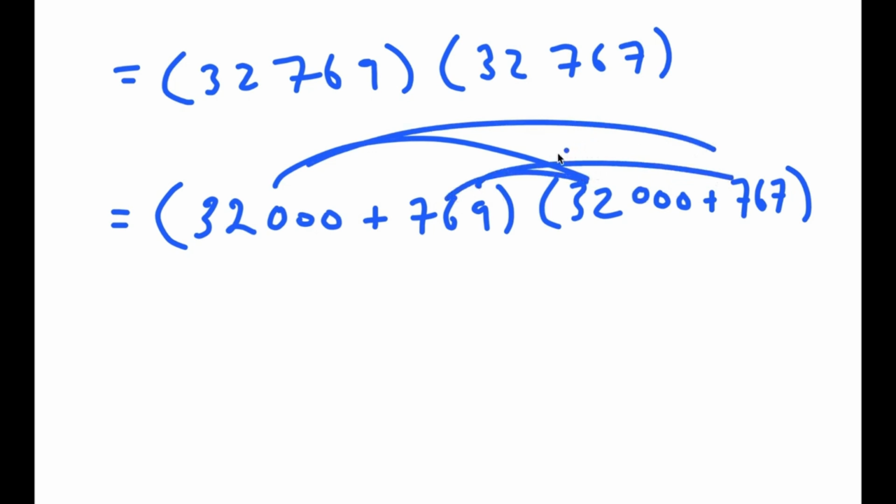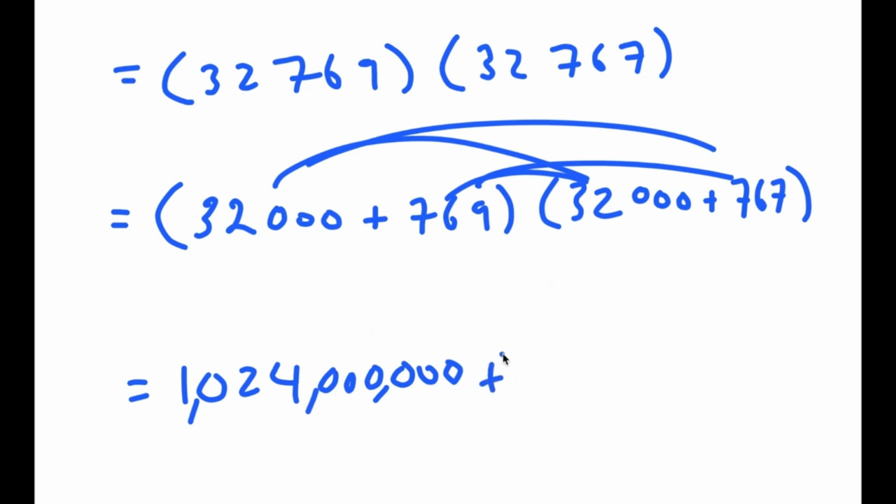So I get 32,000 times 32,000, which is equal to 1,024,000,000.